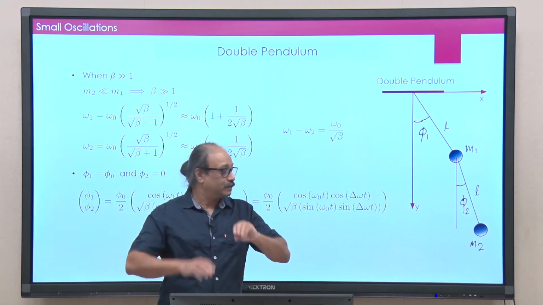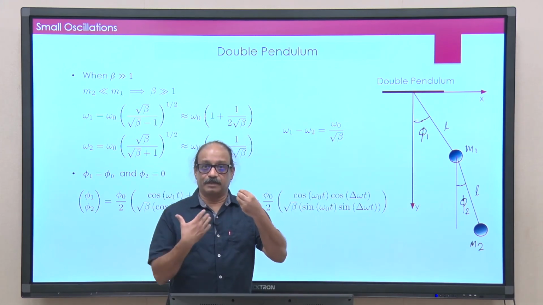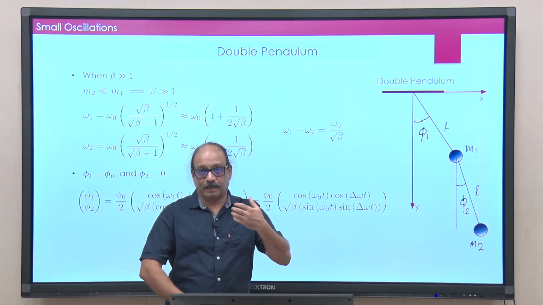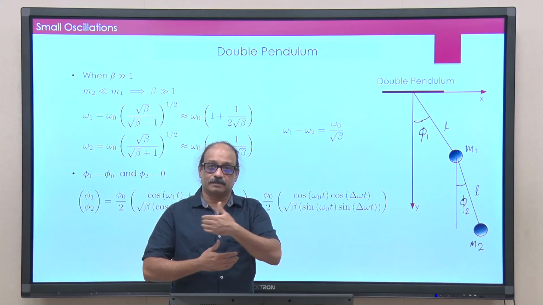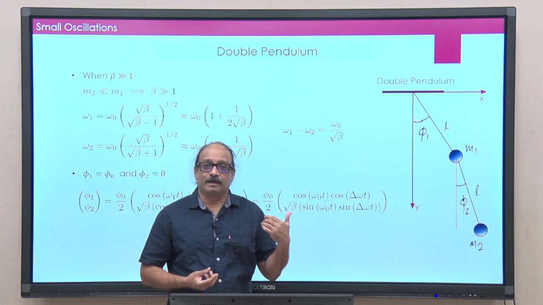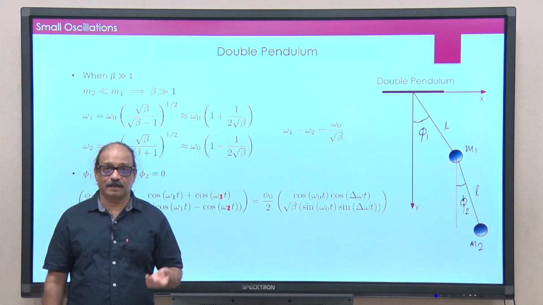So, while the amplitude of one of the bobs is very small, the amplitude of the second bob is very large, and then some energy transfer will take place. The first bob starts moving with large oscillations, whereas the second bob comes to a standstill, and this is exactly the same thing that we saw in our first example too.